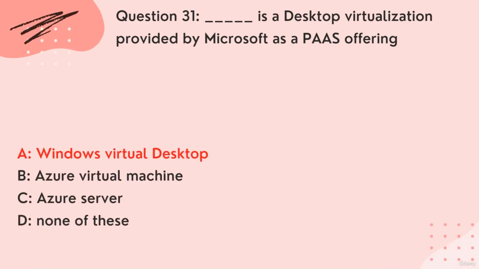Recently, when the cloud era is booming and many people are trying to work from multiple devices, some people use a tab, some people use their mobile phone, some use a laptop, and some use multiple laptops, but security is a main concern. So virtualization of the whole operating system, of the whole desktop, is provided by Microsoft as a PaaS offering called Windows Virtual Desktop.